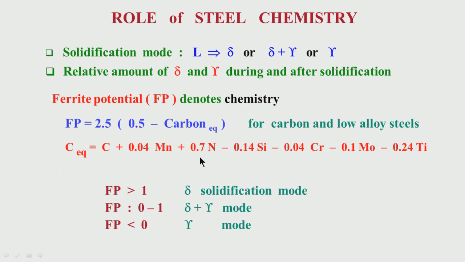So, these are plus. The factors 0.04, 0.7 indicate the relative effects of manganese and nitrogen on carbon equivalent. Look at other elements, silicon, chromium, moly, titanium, these are ferrite stabilizers. So, these will decrease the carbon equivalent unlike manganese and nitrogen. So, minus 0.14, minus 0.04, chromium 0.1.